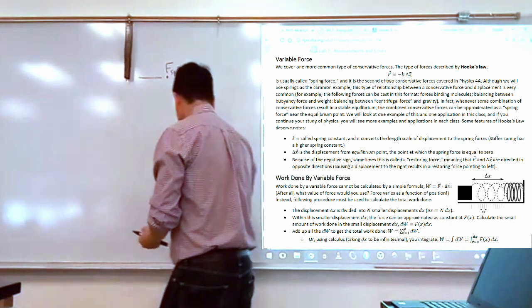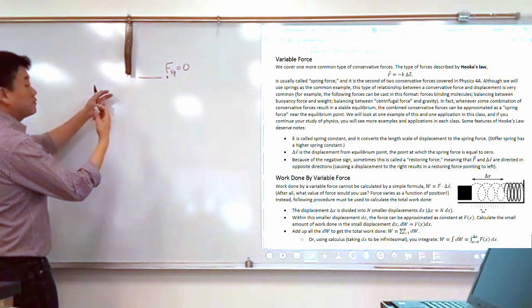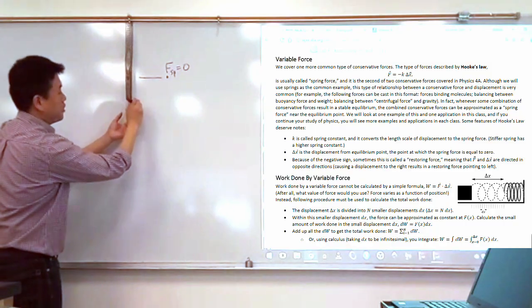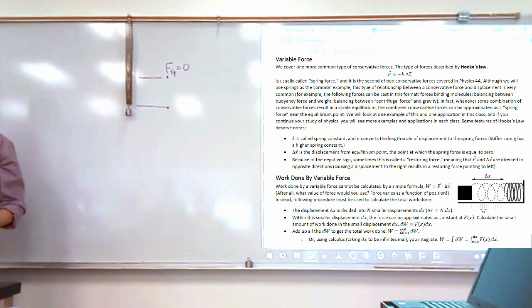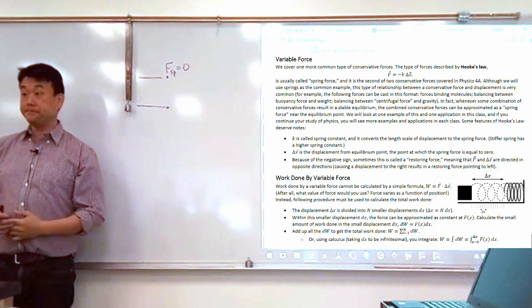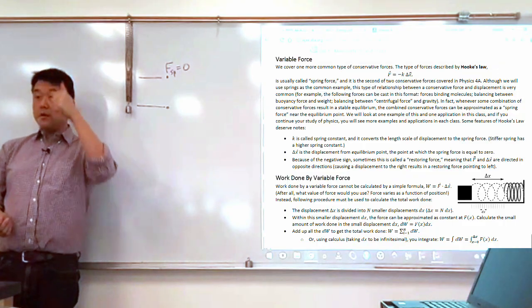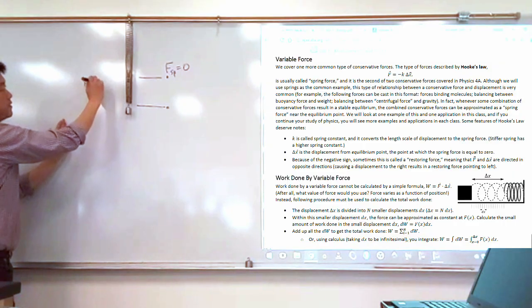Let me hang a 100 gram mass. At this position where the spring is, what's the direction of spring force? Upward, right? Imagine drawing a free body diagram of this mass here.